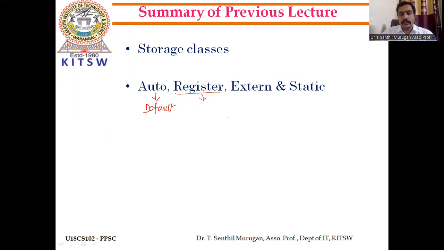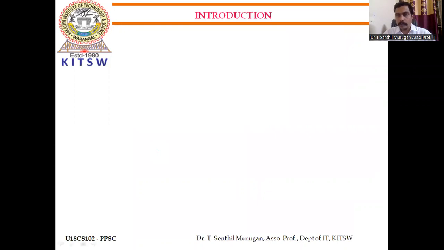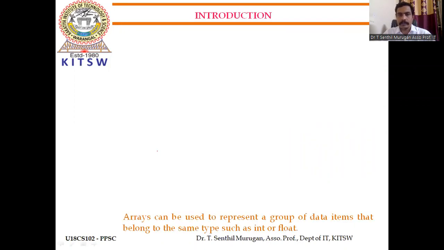Extern is considered a global variable declaration; this variable can extend its support to all the functions. Static means the values stay static when using the static keyword. With these concepts, we discussed sample programs in the previous lecture. Now we will proceed with the current lecture.